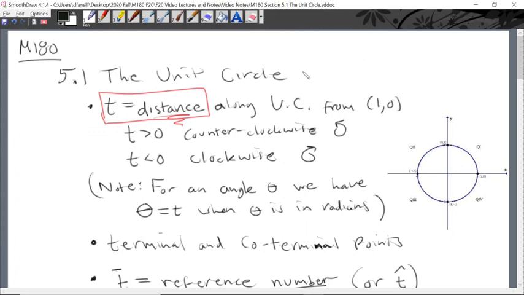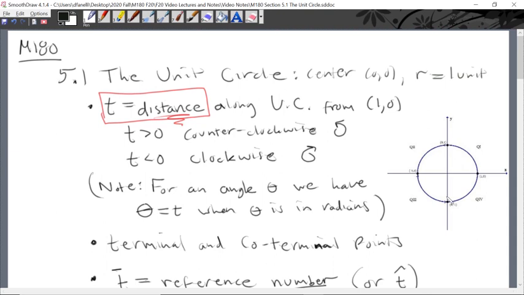The unit circle is defined to have the center at the origin, that's the point 0, 0, and to have a radius, that's the distance from the center to the edge of a circle, equal to 1 unit of measure. For instance, the radius is equal to 1 foot, 1 meter, or 1 astronomical unit, which is the distance from the sun to the earth, for example. If the radius is equal to 1 and the center is 0, 0, we're calling it the unit circle.